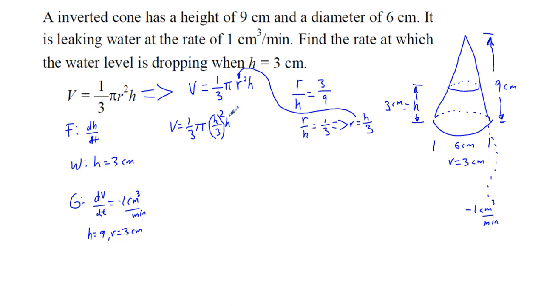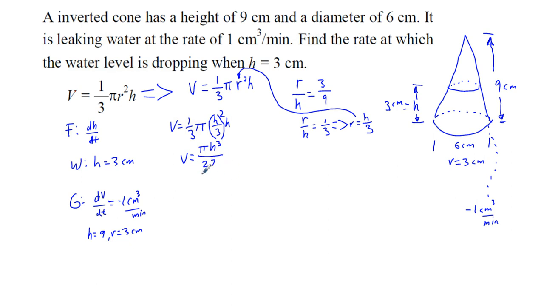And now simplifying, we're going to have V is equal to pi in the numerator, and we have h squared times h, or h cubed. And then in the denominator, we're going to have this 3 times this 3 squared, which is going to be 27.